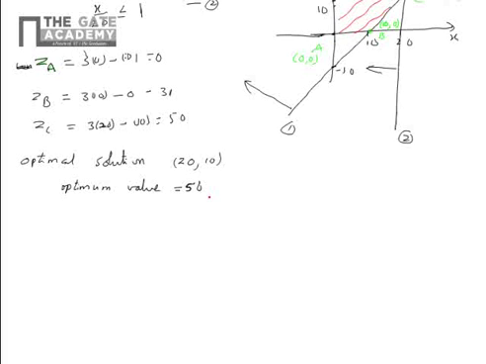Generally the solution space has to be closed by boundaries, but here on three sides it is closed and one side it is not closed. So that's why it is called an unbounded solution space. So it has an optimal solution but an unbounded solution space.